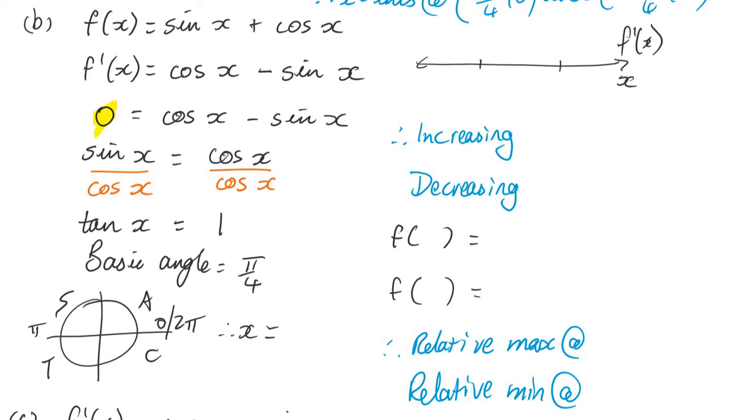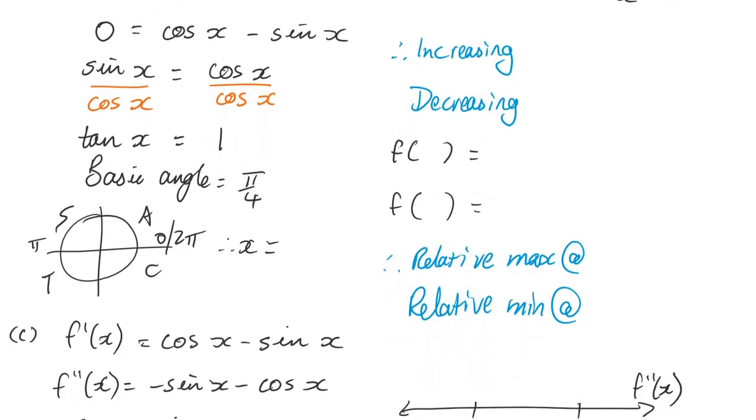Solve this in a very similar way to what we did in the first part, finding the x-intercepts. And this time we end up with tan of x equals 1. Same basic angle from the exact value triangle, but this time the quadrants that we're dealing with are there and there, where tan is positive.